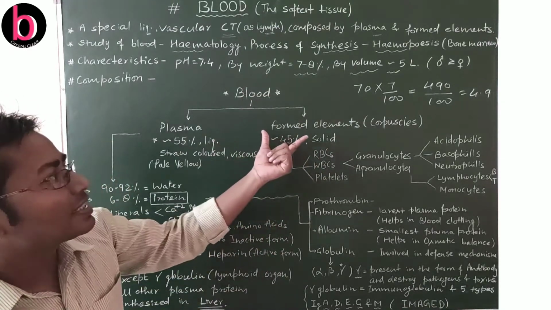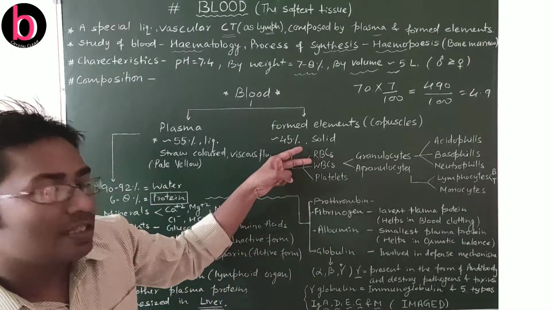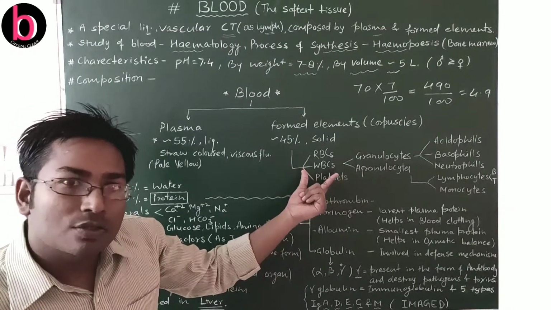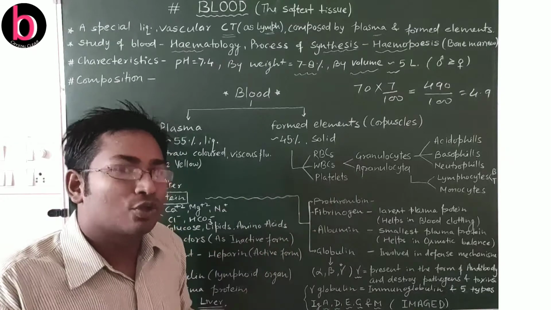Formed elements are of three types: red blood cells, also known as erythrocytes; white blood cells, also known as leukocytes; and platelets, also known as thrombocytes.